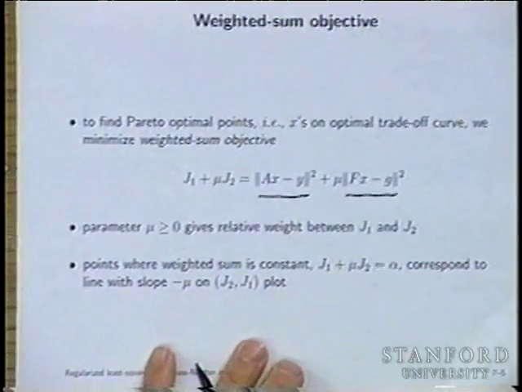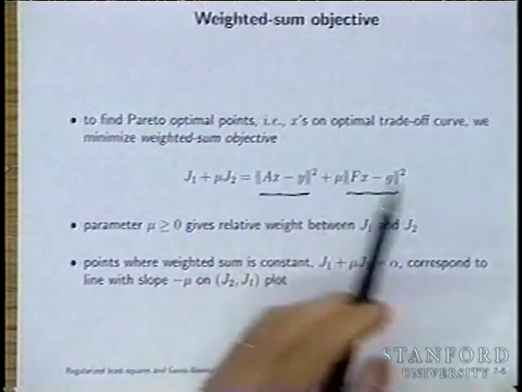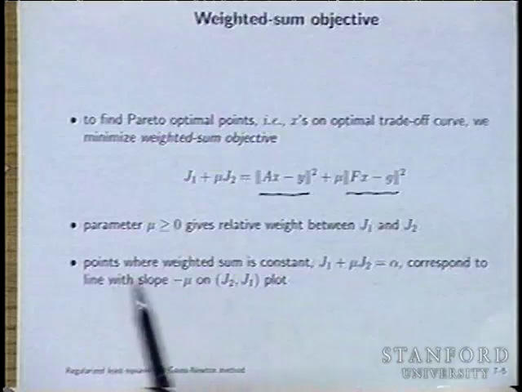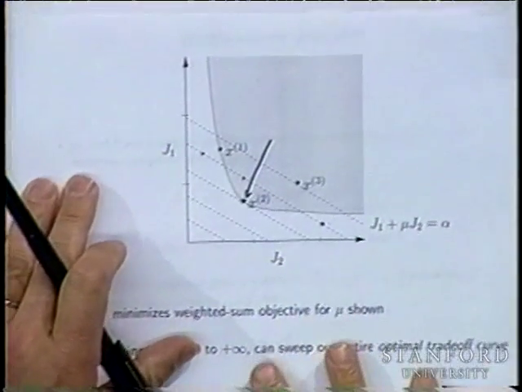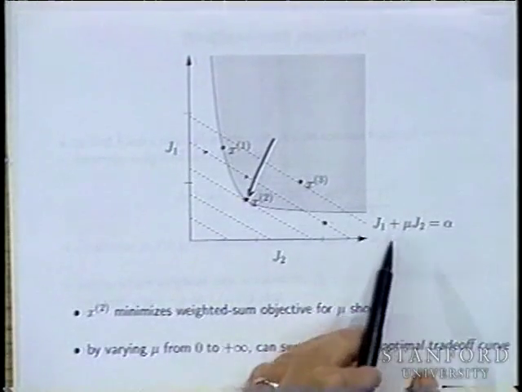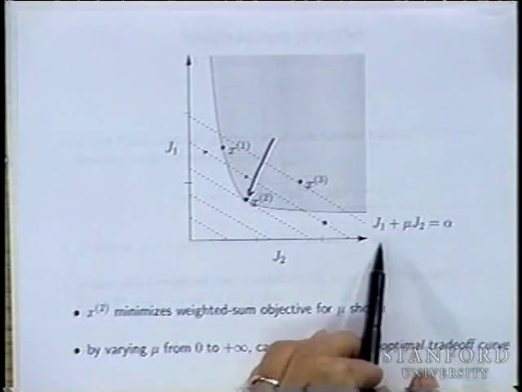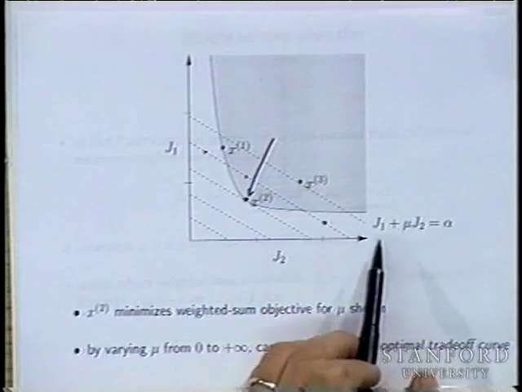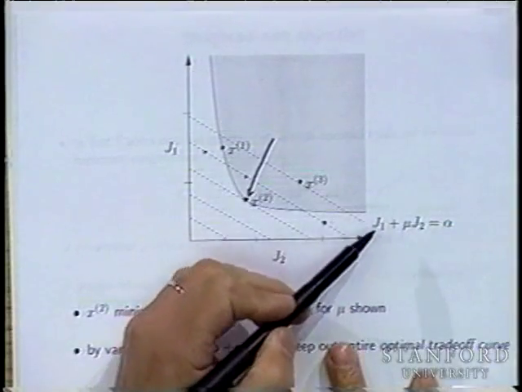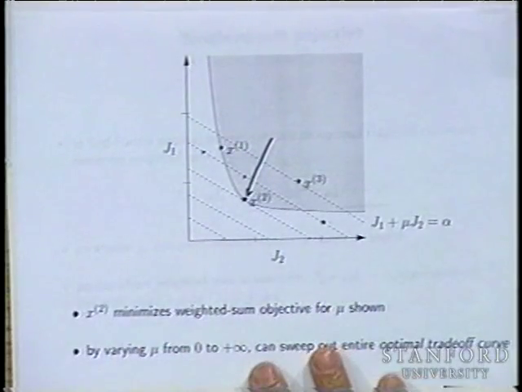So if you form a weighted sum objective, it turns out you can interpret this easily on a J1 J2 plot or J2 J1 plot, and that's this way. If I look at level curves of this composite objective, that's J1 plus mu J2, in the J2 J1 plane, these are nothing but lines with slope minus mu.